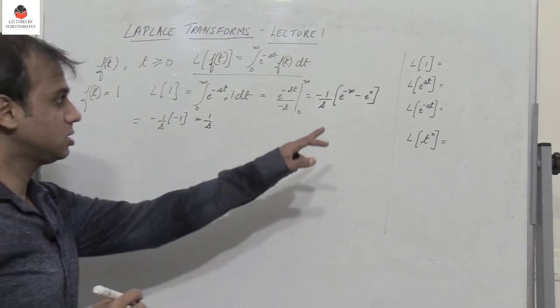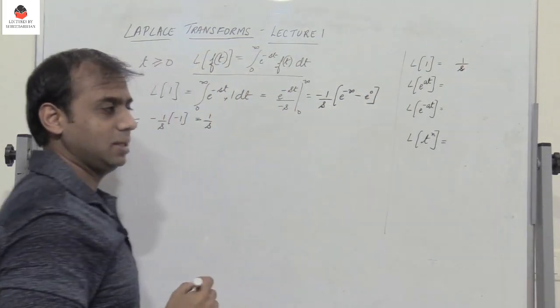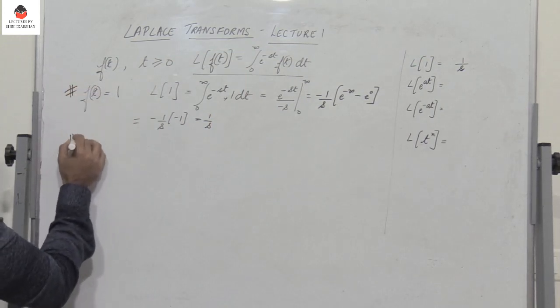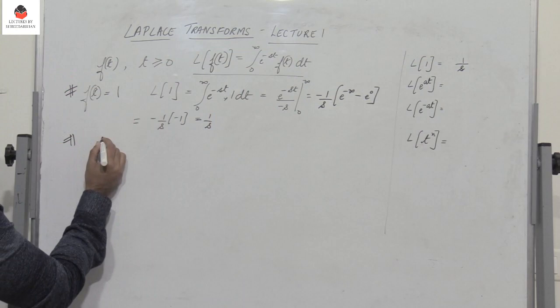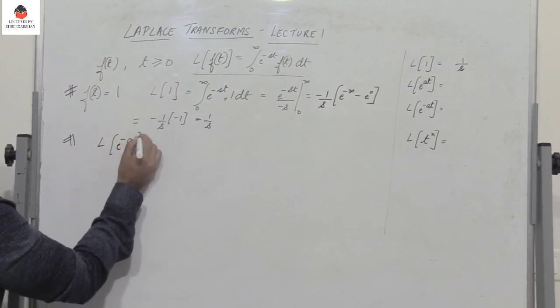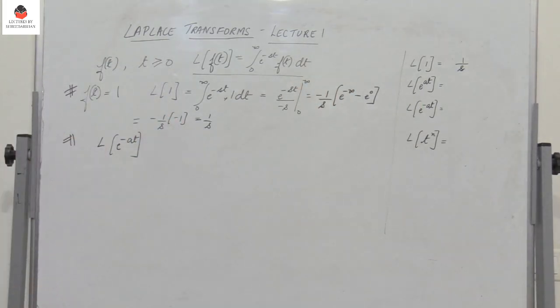So let us list out. Laplace transform of 1 is 1 by s. So this is the first one. The next one, let us consider to find the Laplace transform of e power minus at. So once we find e power minus at, we'll also know what is the Laplace transform of e power at.